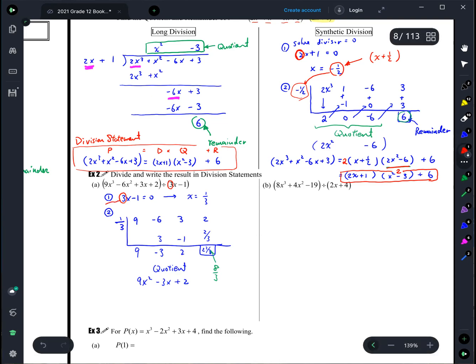It came from the 3 in front of the x. If there's a number in front of the x that's not 1, you need to divide by that.